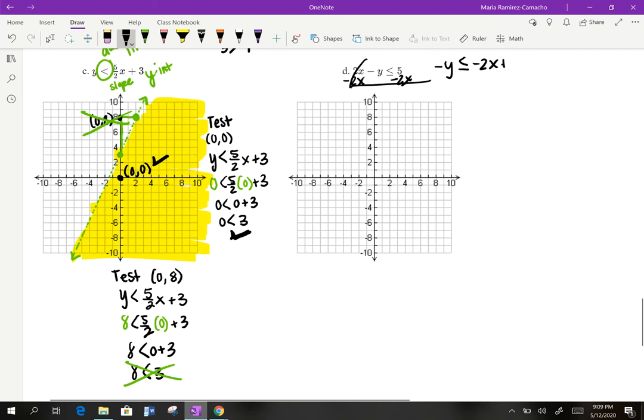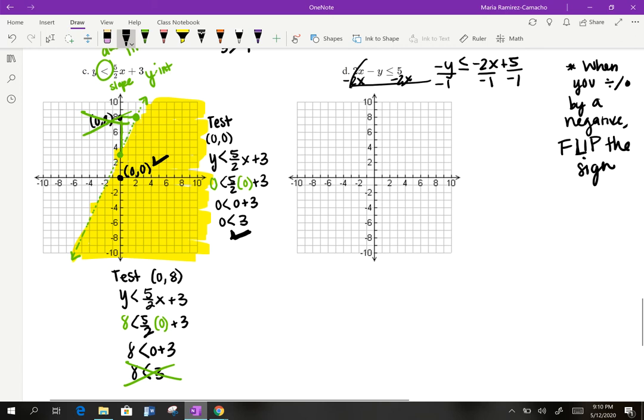And this is a perfect time to remind you that when we divide by a negative, or when you multiply by a -2, you've got to flip the sign.